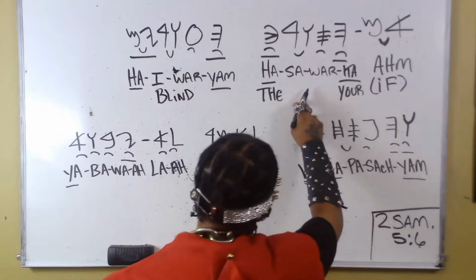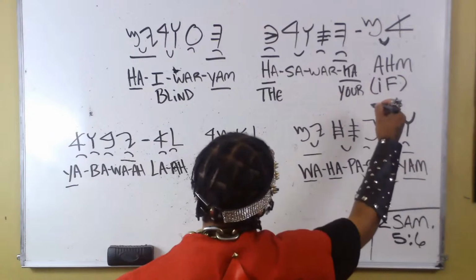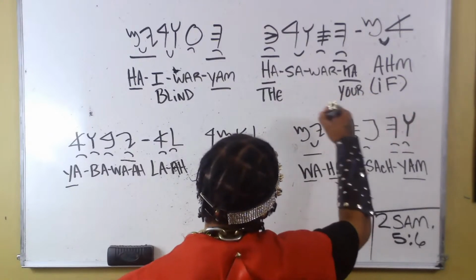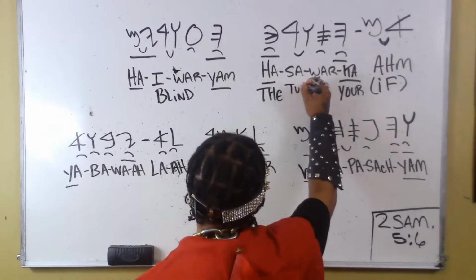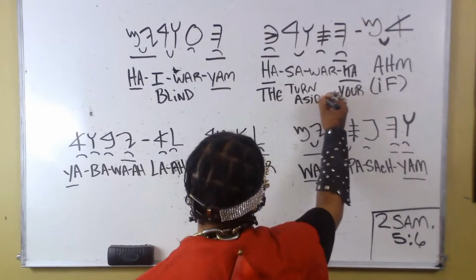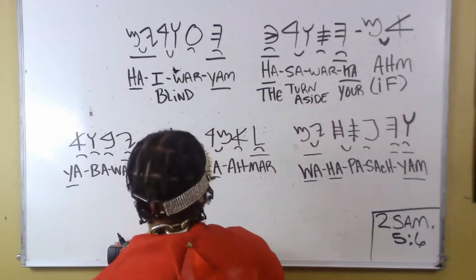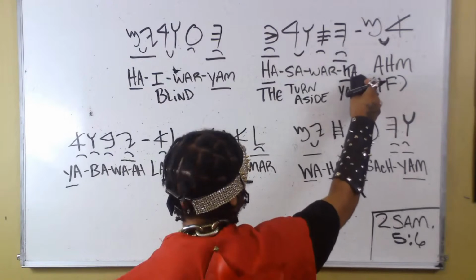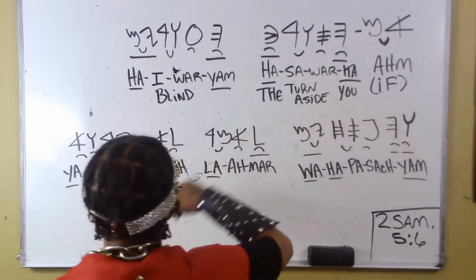So this one was turn aside, or put away, or depart from. So let's put turn aside. And I'm pretty sure this is saying you instead of your, because the slang, remember, is used as slang.